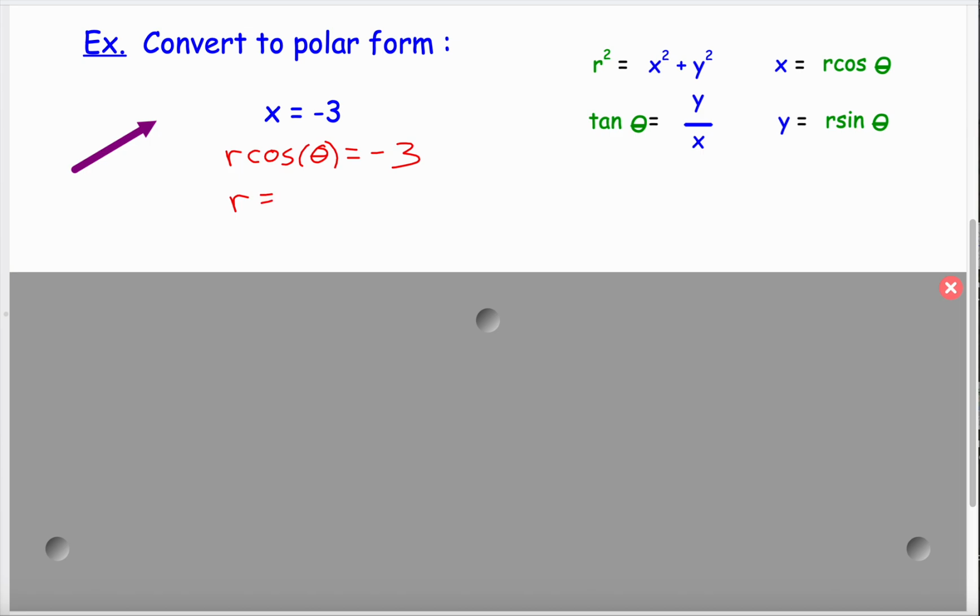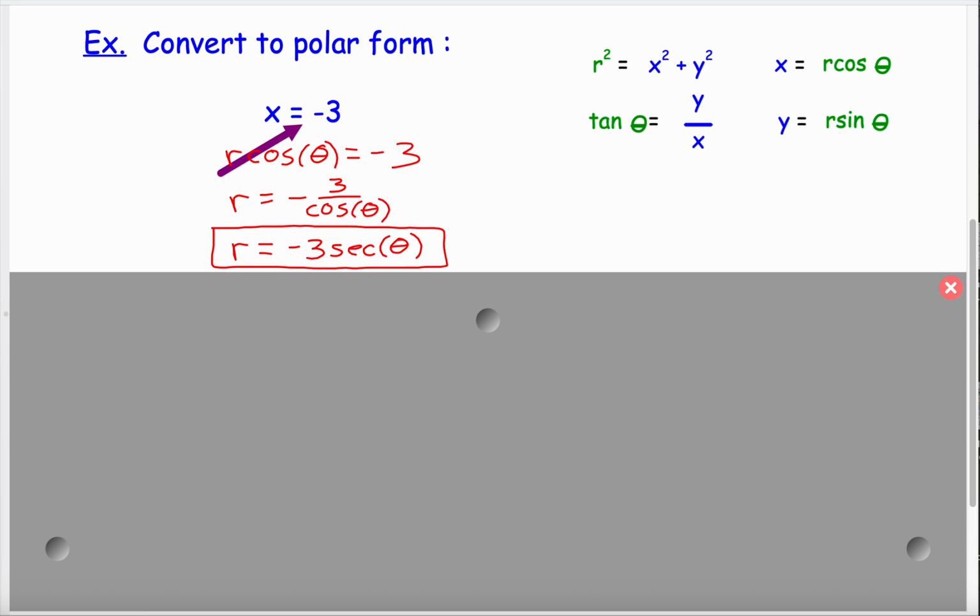So r equals -3 divided by cosine of theta. Or, if you'd like, isn't that the same as -3 times secant of theta? Because cosine is 1 over secant. And there's your answer. So you know what x equals -3 looks like if you graph that: a vertical line going through the x-axis at -3. Well, now you know that r equals -3 secant theta gives you that same line.